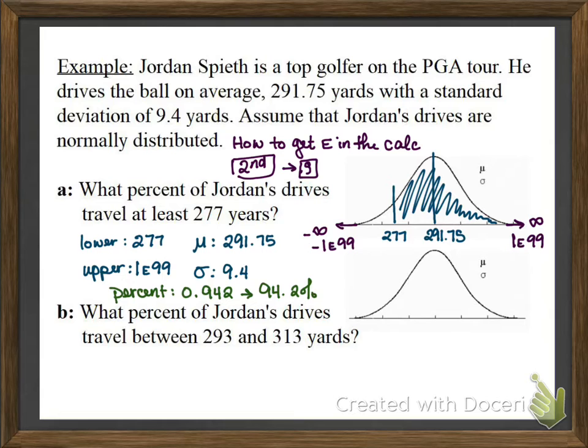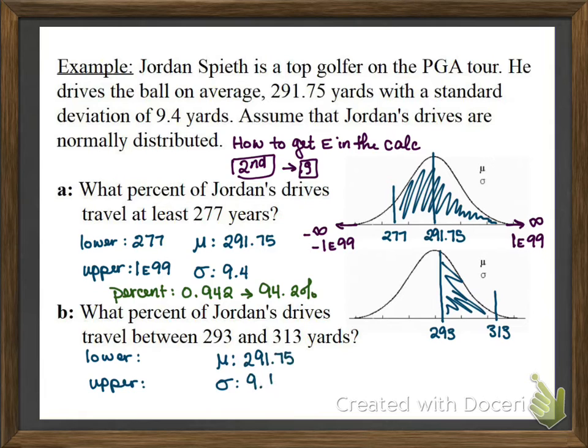Then part B, we want to start the same way, draw in our diagram with our shading. It says we're traveling between 293 and 313 yards. So we're shading between 293 and 313. Identifying our different parts of our normal distribution, again, our mean and standard deviation haven't changed.